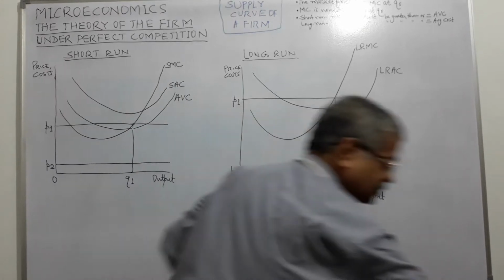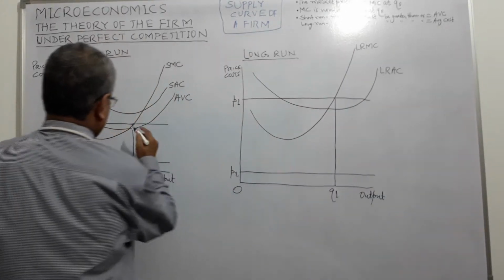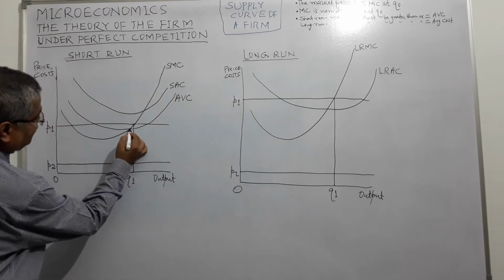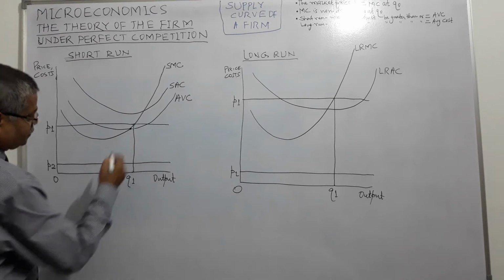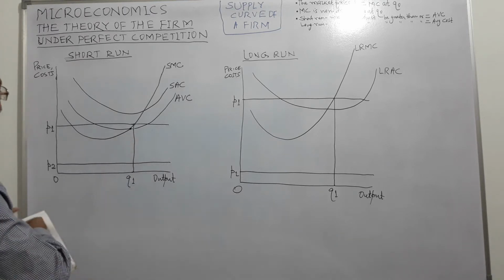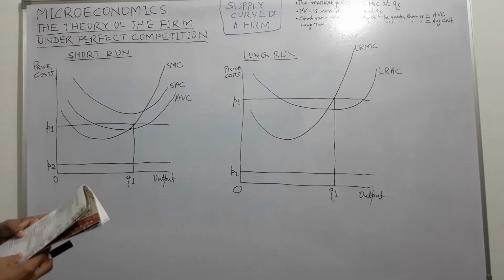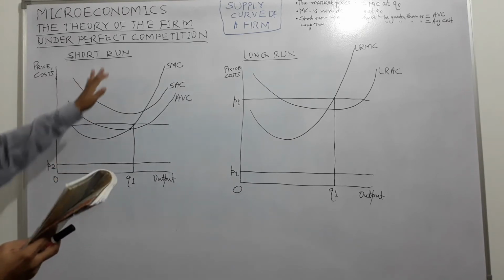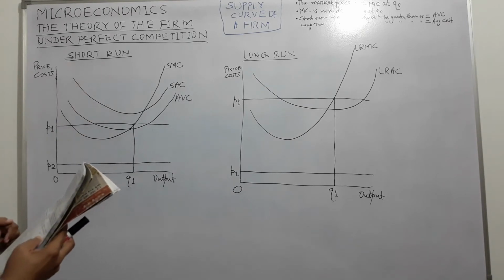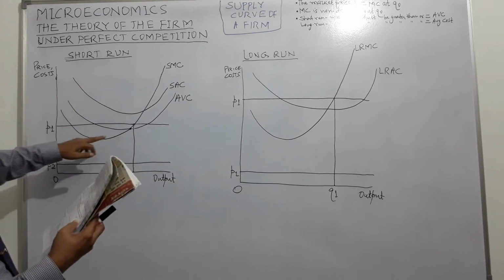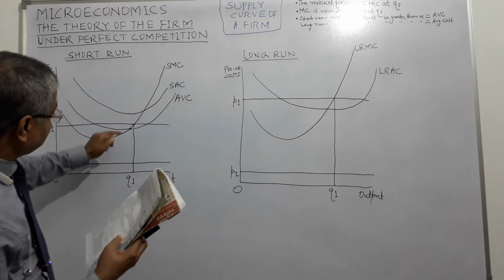So the lowest part of the AVC is here, right? Where SMC cuts it from below. So once again, a firm's short run supply curve is the rising part of the SMC.